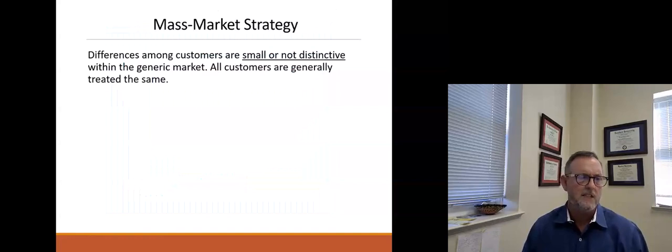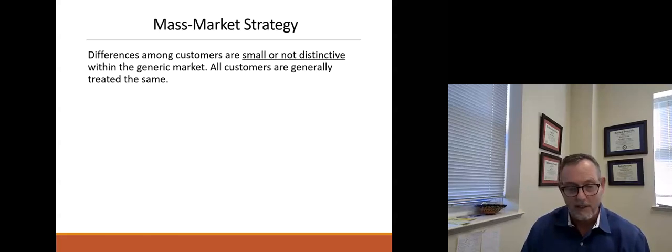So just looking at this from first the broad and then moving in, this idea of mass marketing, you're probably familiar with the term. You're probably aware of what mass marketing generally means. And it's not particularly challenging.